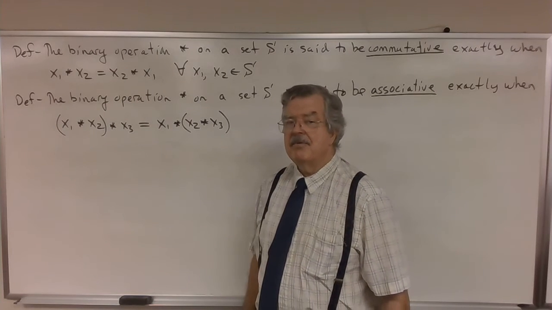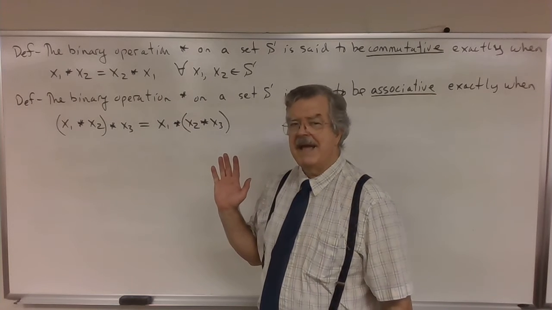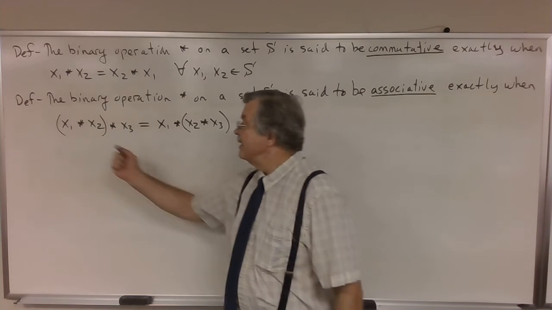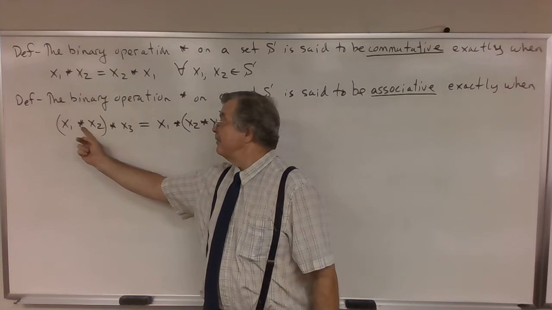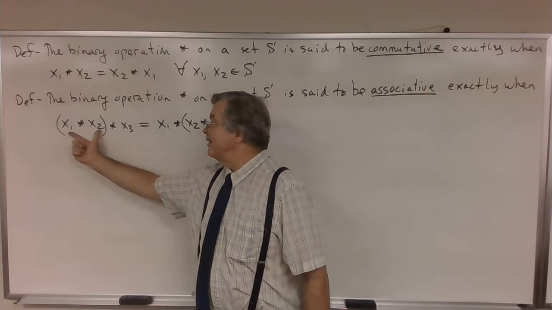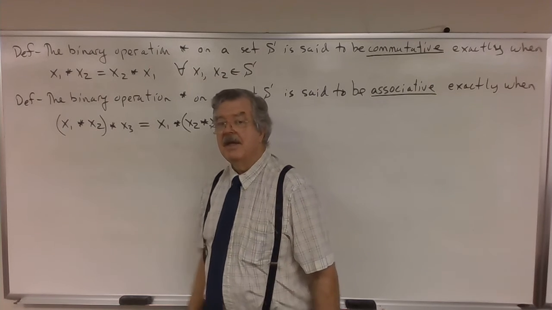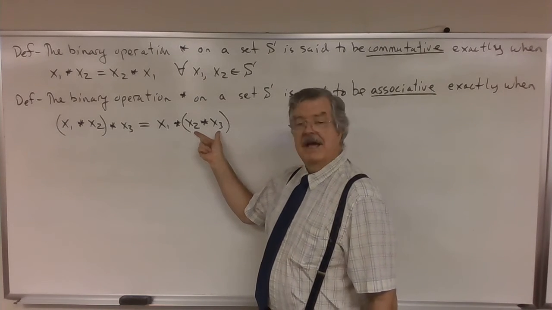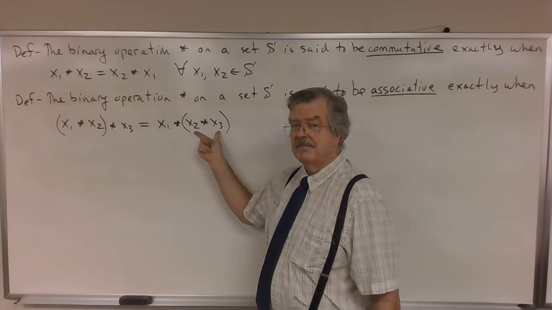And if the operation is associative, it doesn't matter which pair of adjacent elements the operation acts on first. Here, the operator star acts on the ordered pair x1, x2, these two adjacent elements. Here, the operation acts on the elements x2, x3 first.